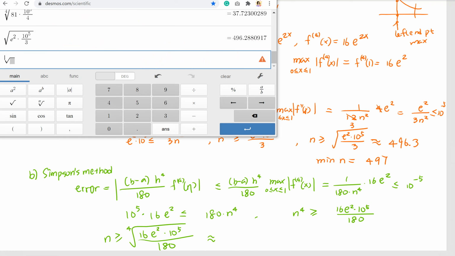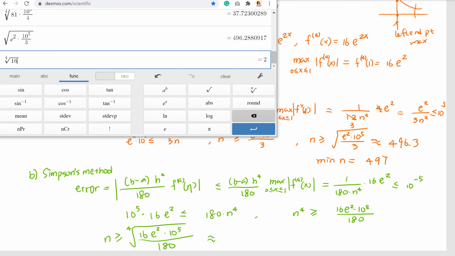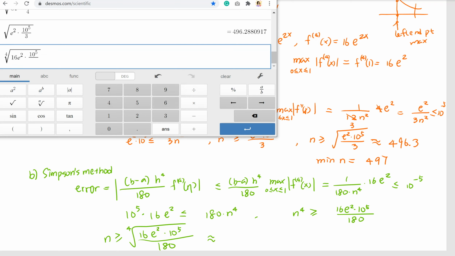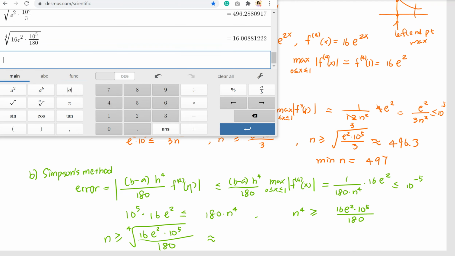Okay, let's plug this number into our calculator. The fourth root of 16 e squared times 10 to the fifth over 180 is 16.009.